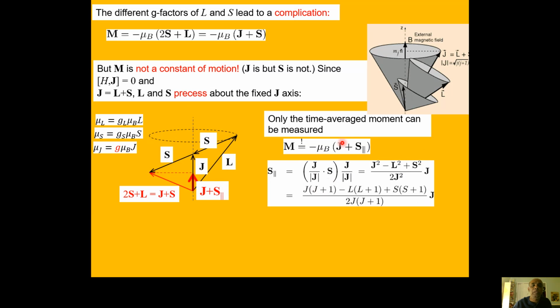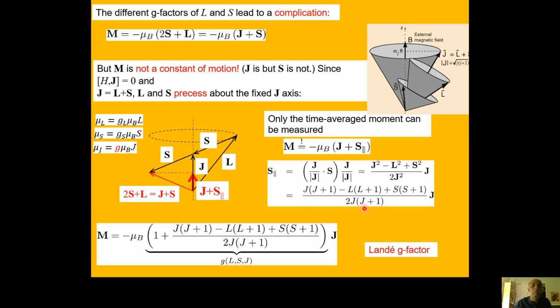Then we need the additional contribution coming from J. So this is also J. You get an additional factor 1 in addition to this S parallel. Then your total value M you can write as, like here, minus mu B, and then this is your g, right? Because of this factor plus 1 coming from this J here.